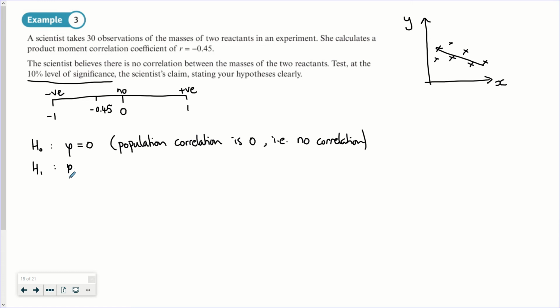So our alternative is that there is a correlation, and in which case rho could be anything other than 0. So let's put that in a bracket, that the population correlation is not 0. Because if rho is any other value other than 0, then it is correlated. If rho is 0.1, it would just be a weak positive correlation.